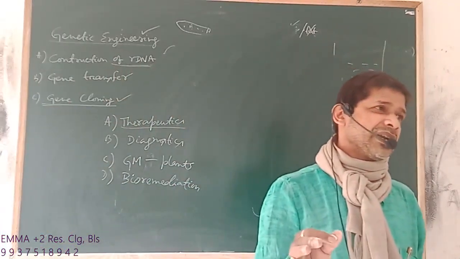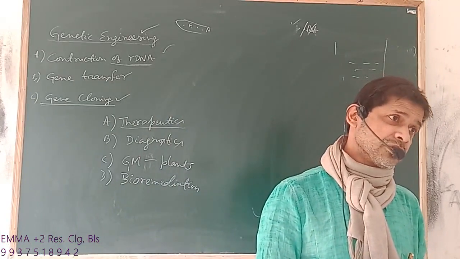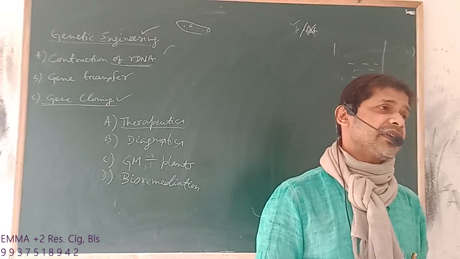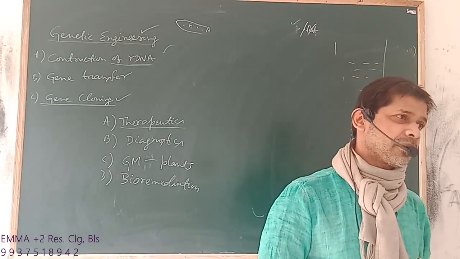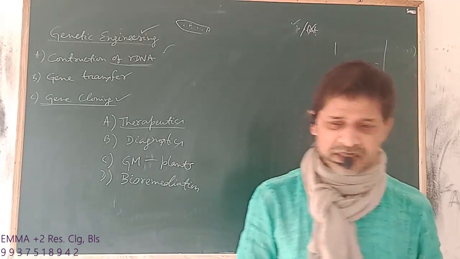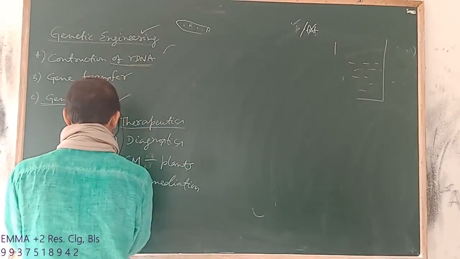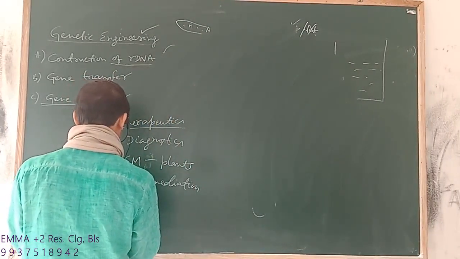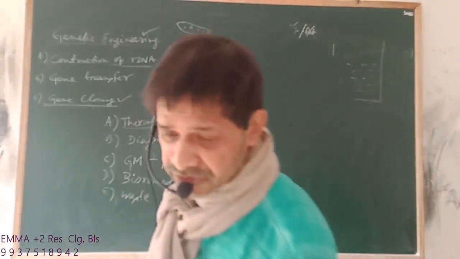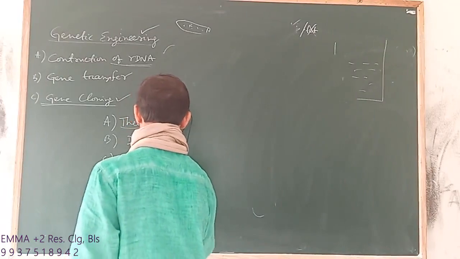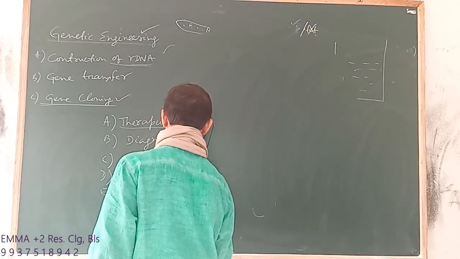We can reduce the environmental pollution by using genetically engineered cells or transformed cells. Bioremediation. Another thing, waste treatment.